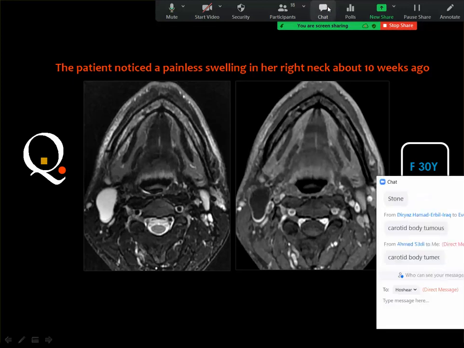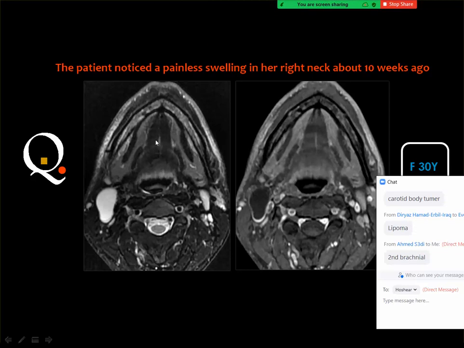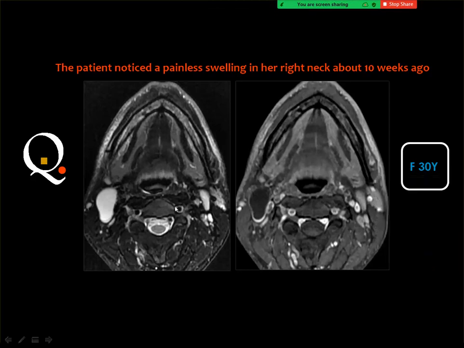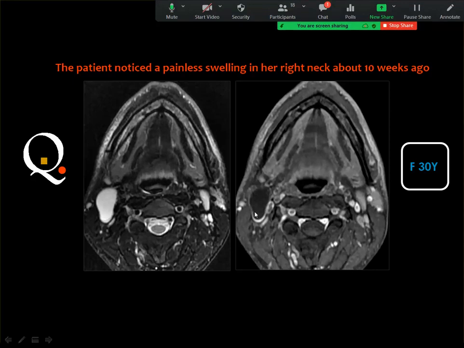This is T2, not T1. Second branchial cleft cyst, yes, second arch. Typical location, anterior to the sternocleidomastoid muscle, posterior to the submandibular salivary gland, lateral to the carotid vessels. Okay.